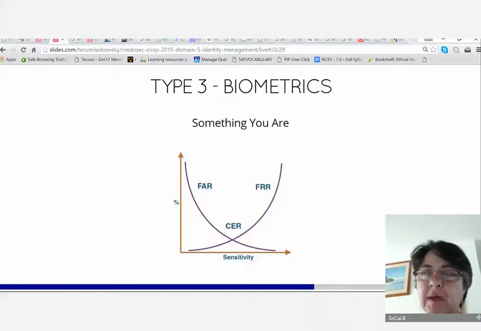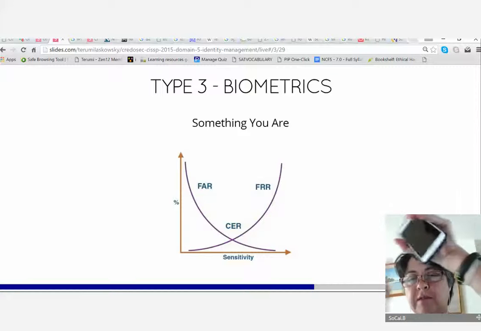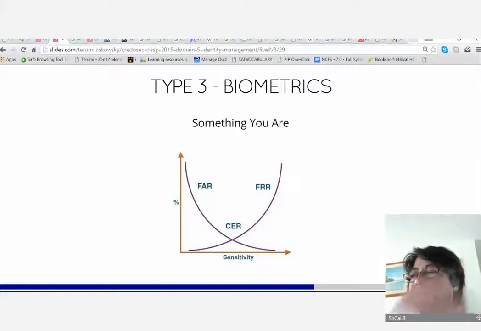The biometrics, something that you are, right? So here's a little thing on biometrics. The horizontal axis is a percentage, and as you go to the right, the sensitivity increases on the actual biometric device. Just imagine my iPhone with a little thumb sensor.